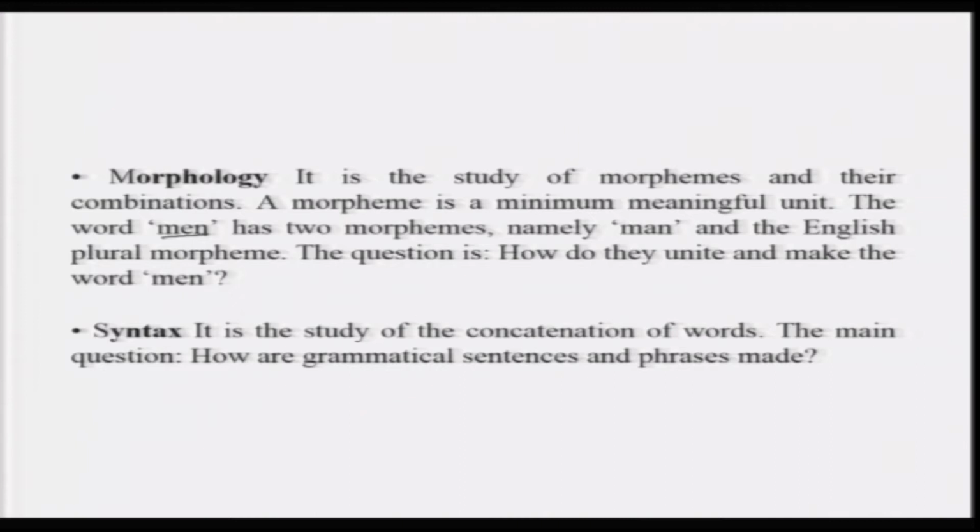For example, I give you just one. I just say that John saw Tom and John saw him. Now look at the difference.